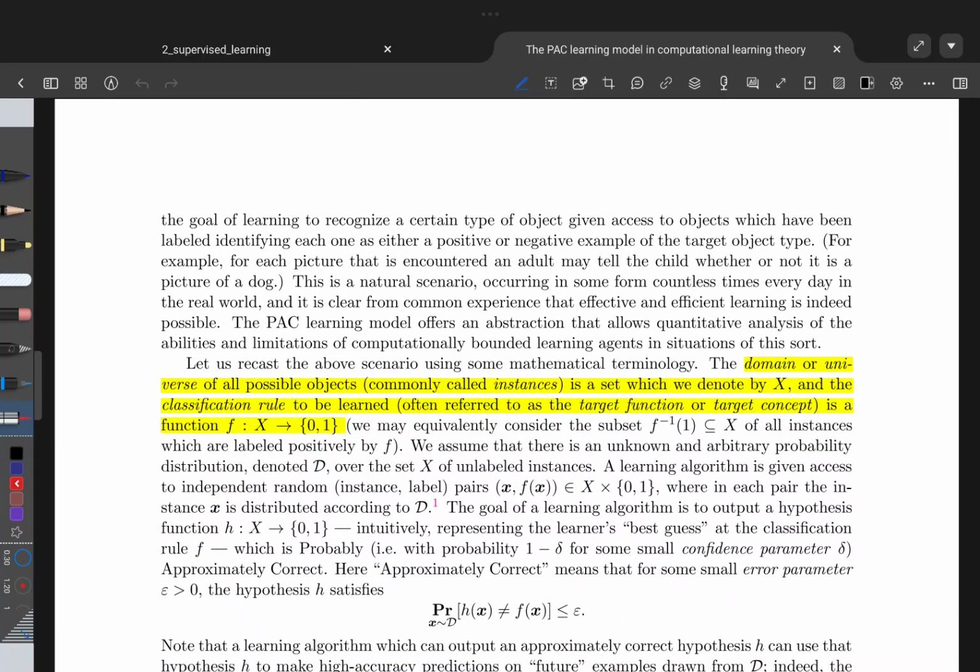Going back to what we've already seen, in the setup we focused on binary classification, which is also the main focus of this particular paper, just binary classification with 0-1 loss. You're given a particular domain or a universe of objects, also called instances, and some classification rule that you have to learn.